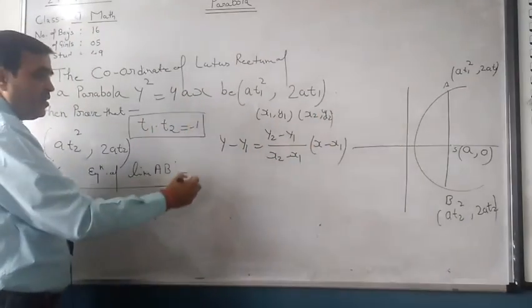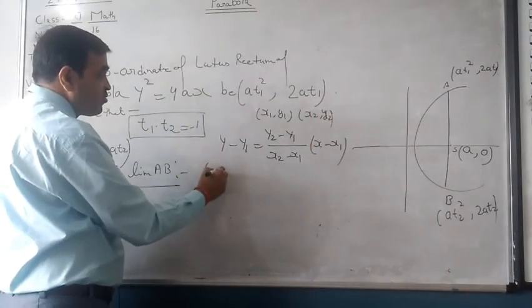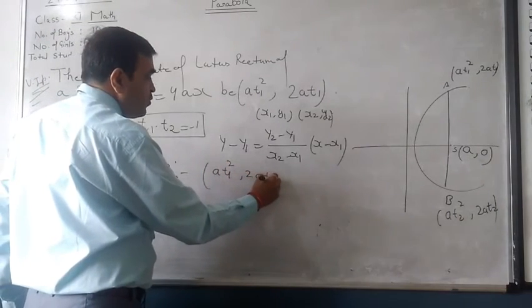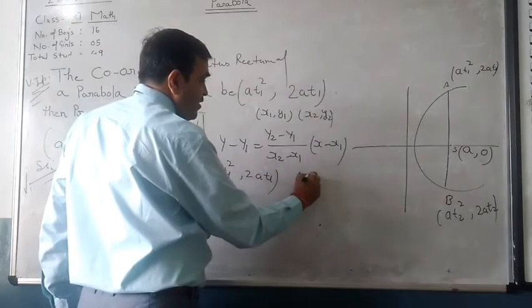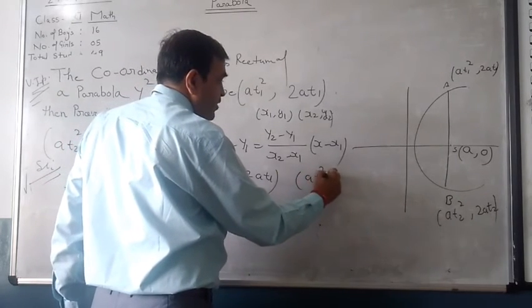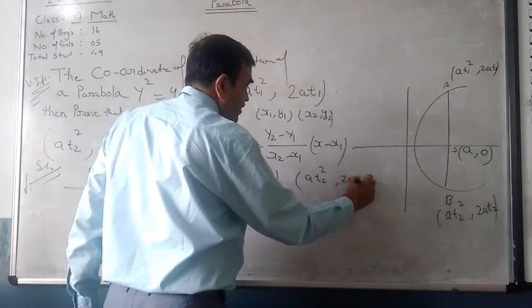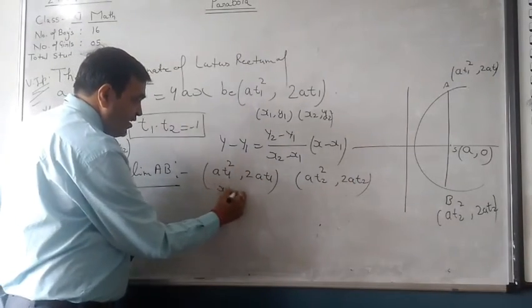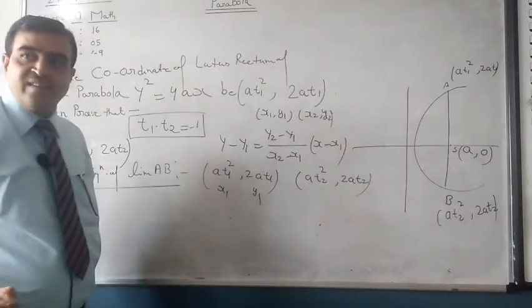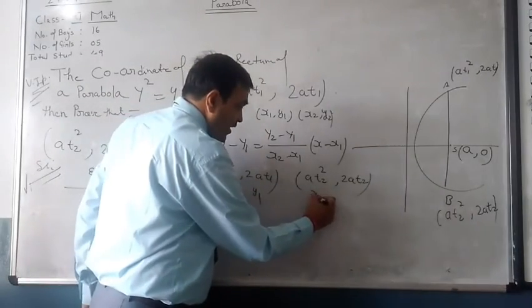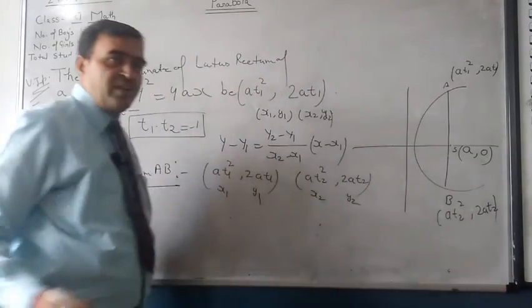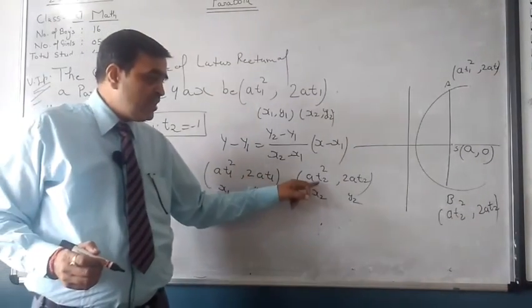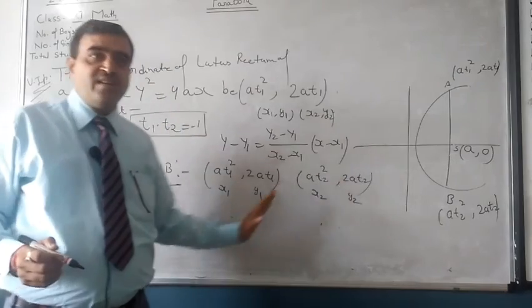Now the latus rectum passes through a t1 square comma 2a t1 and a t2 square comma 2a t2. These are the x1, y1, x2 and y2 coordinates.